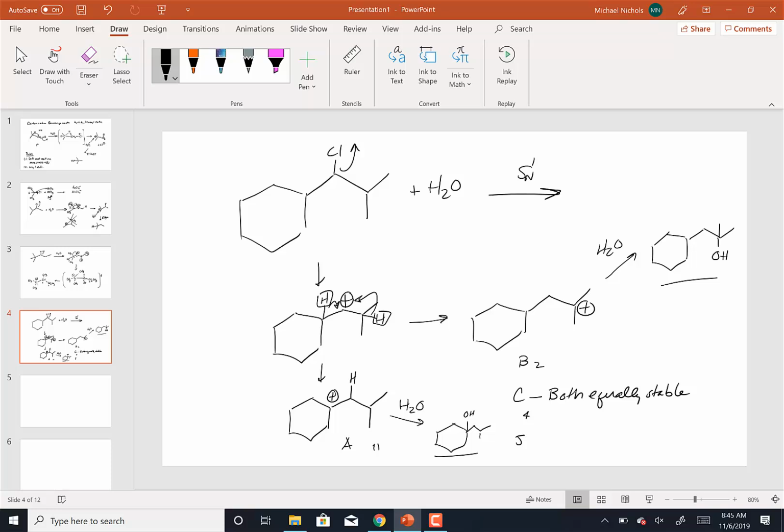So if we're rearranging and we're not ending up with a more stable carbocation, that rearrangement is unlikely to happen. Okay? You only get one rearrangement per mechanism, that's it. It has to abide by rule number 1 and rule number 2.